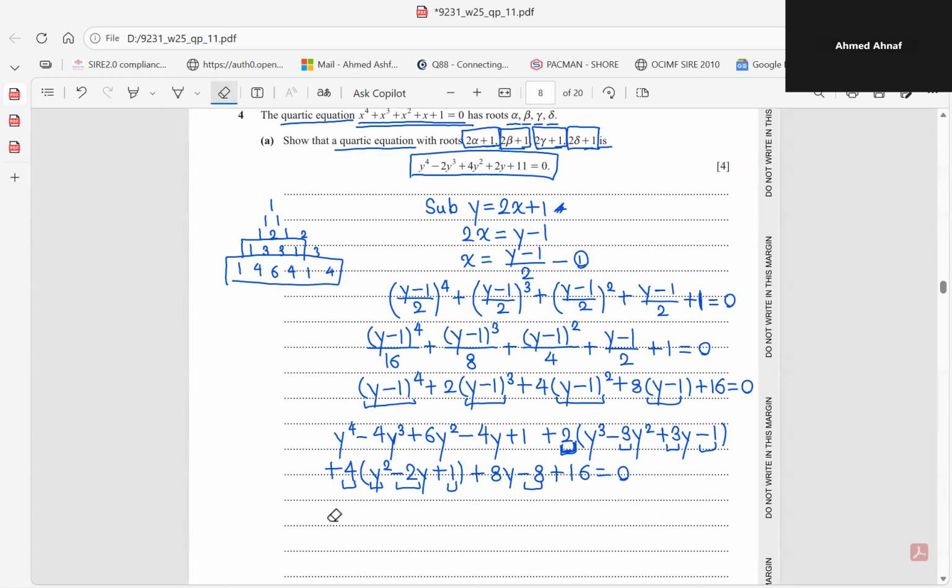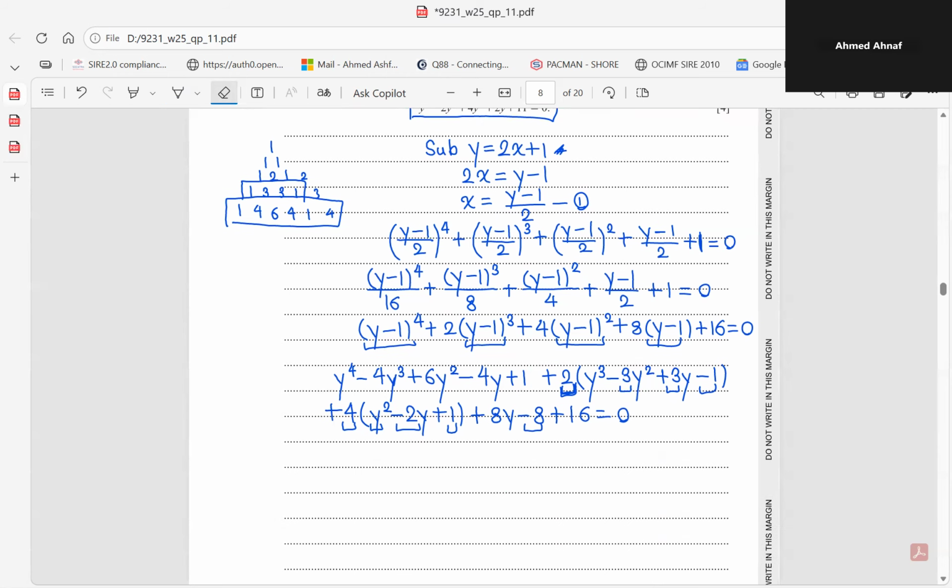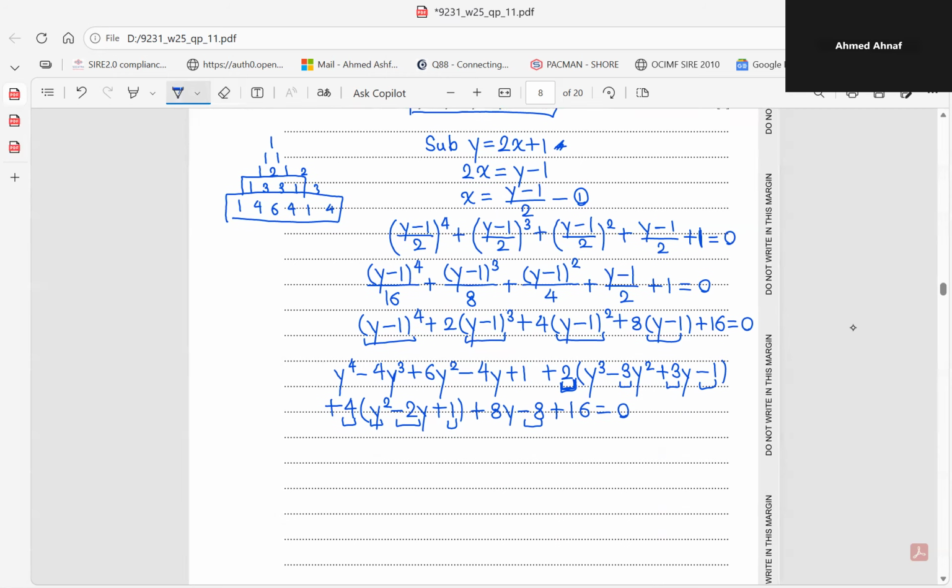So using the same method, you're supposed to have y to the power 4, and for the y cubed terms you have -4, 2y cubed, so -4 plus 2, that is -2y cubed.